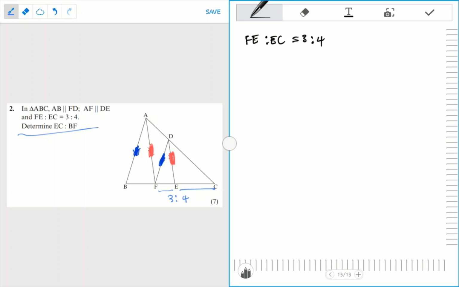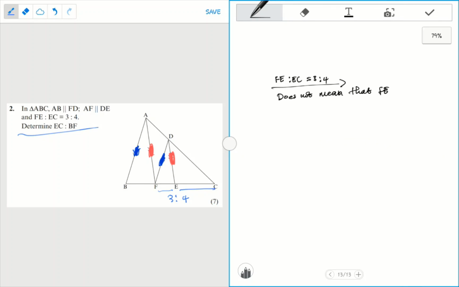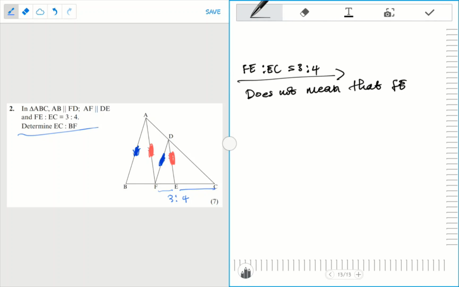This does not mean, I'm trying to explain this so that you can get it, that FE is equals to 3 and EC is equals to 4.